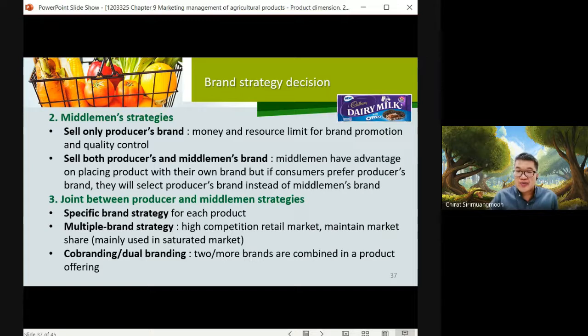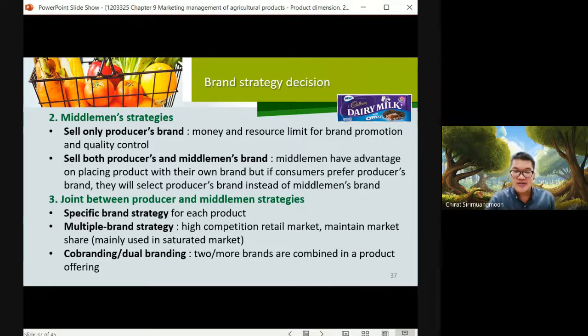Selling only the producer brand means you do not create your own brand. You do not have the middleman's brand. You just use the producer's brand. Then sometimes you can sell both producer and middleman's brands.